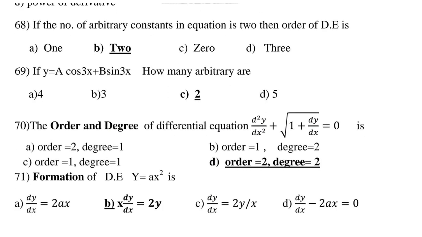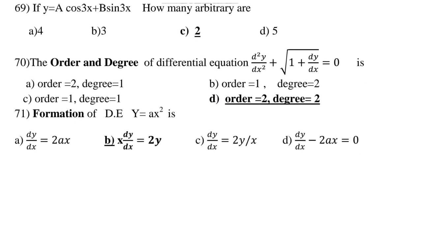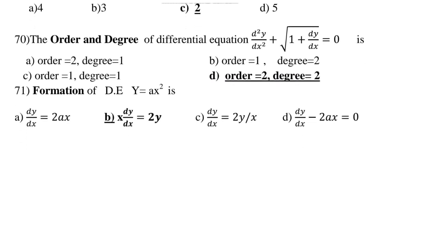If y is equal to a cos 3x plus b sin 3x, how many arbitrary constants are there? These are the two. The order and degree of differential equation d square y by dx square plus under root 1 plus dy by dx is equal to 0. It is order 2 and degree 2.